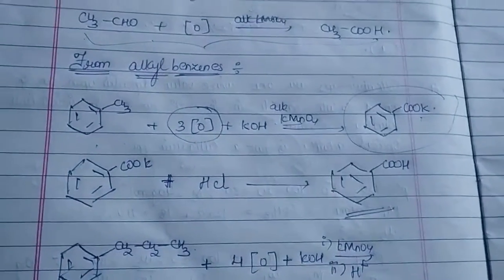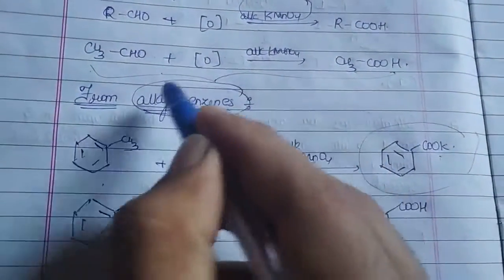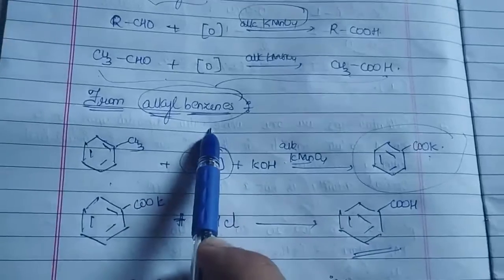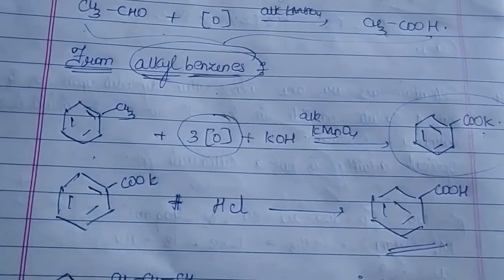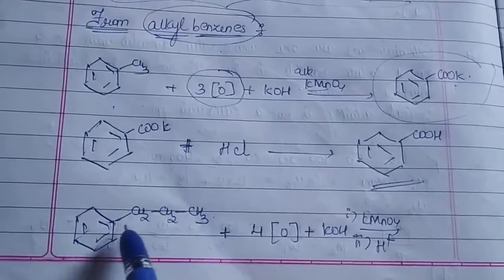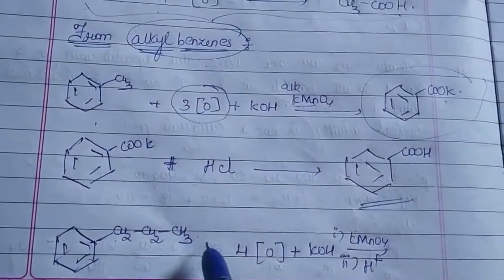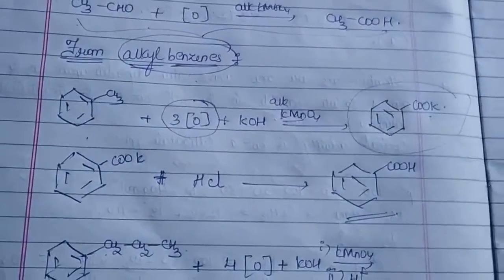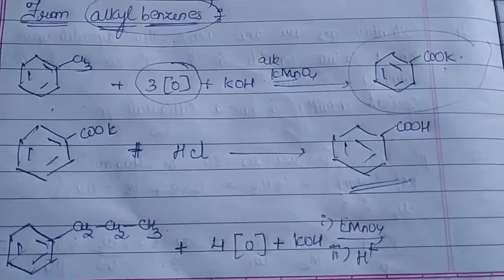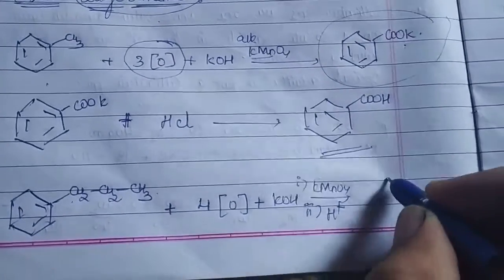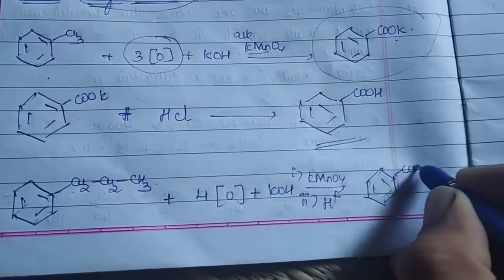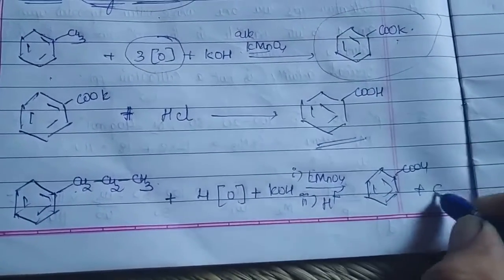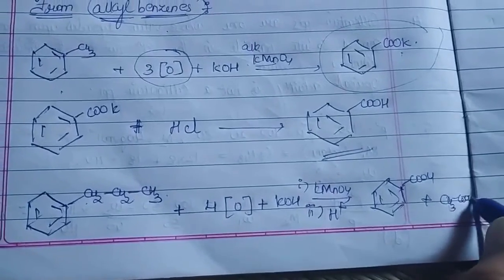Remember guys, when I was talking about alkyl benzenes, what did I mention? Alkyl benzenes are only prone to give benzoic acid. Of course, if you say, sir, it will give CH2, CH2, COOH, that is not a benzoic acid and your product is wrong. So what is the product? Of course, we will get benzoic acid, along with that we will also have CH3COOH.